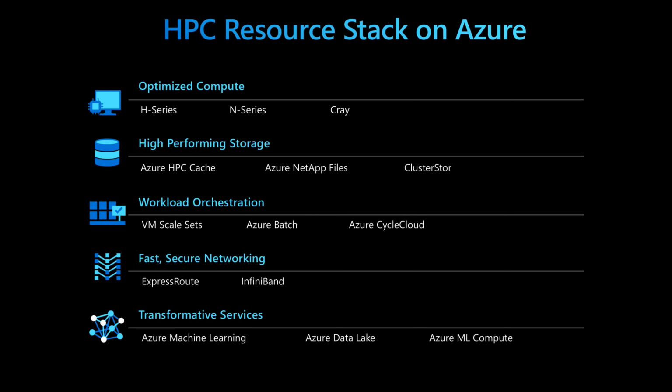And then one of the examples that we'll look at is using transformative services like Azure Machine Learning and Machine Learning Compute itself to enhance the capabilities of the HPC stack.